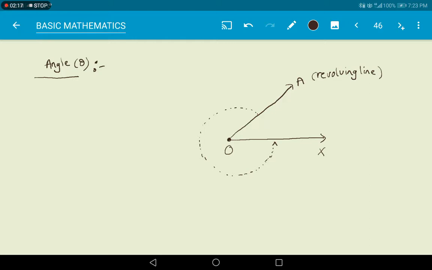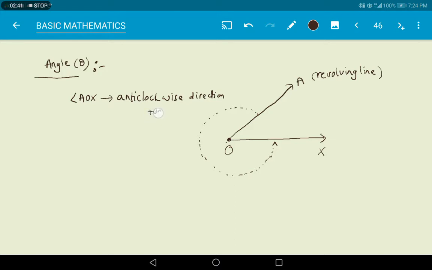So we can also measure angle AOX in the anti-clockwise direction.